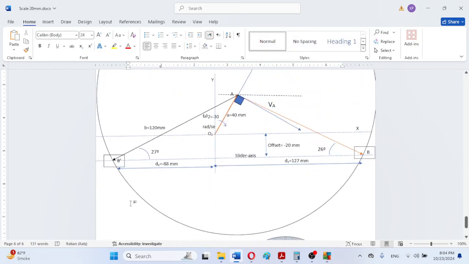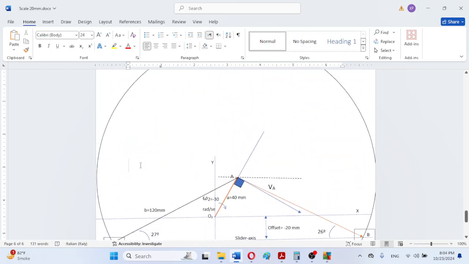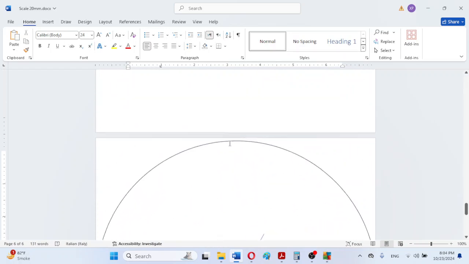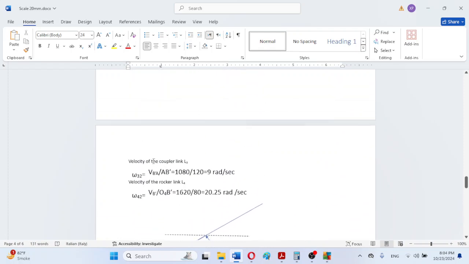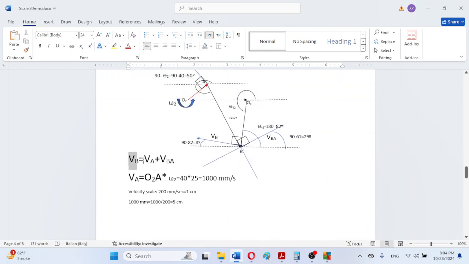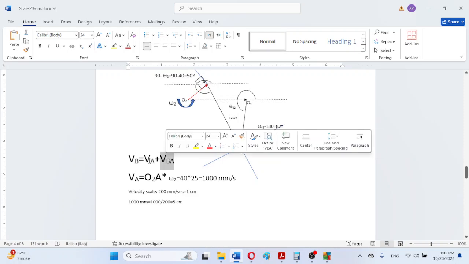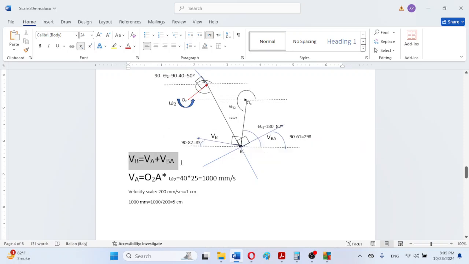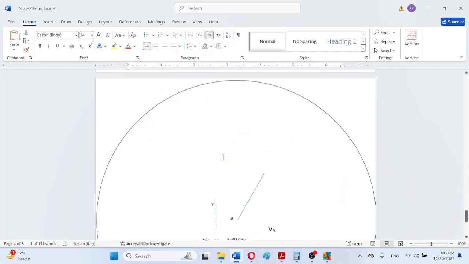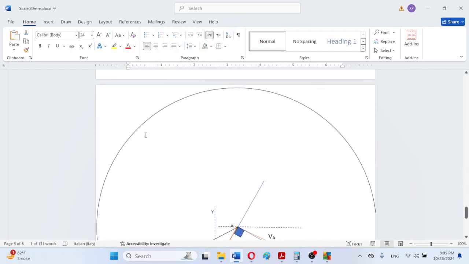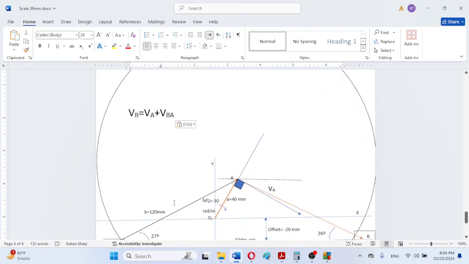So the velocity equation can be written, for example, here, or we can just copy it from there and write it here.